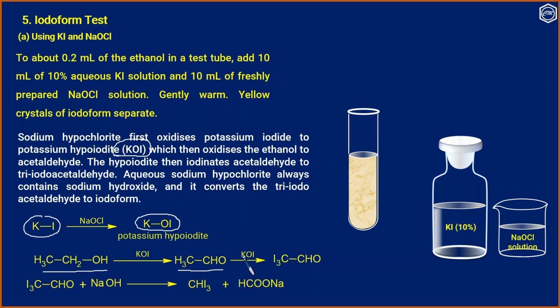And after that, it iodinates acetaldehyde so that triiodoacetaldehyde is formed. Now, this sodium hypochlorite solution always contains sodium hydroxide, and with a reaction with the sodium hydroxide, this iodoform separates.